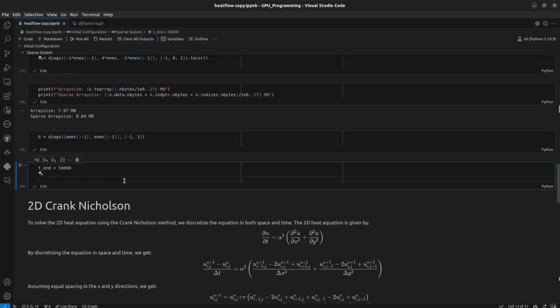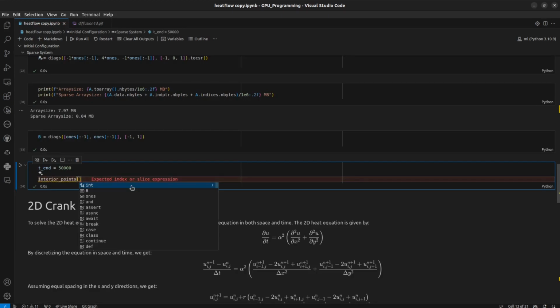So we just want to think about the interior points, and these are going to be from the first to the second to last.